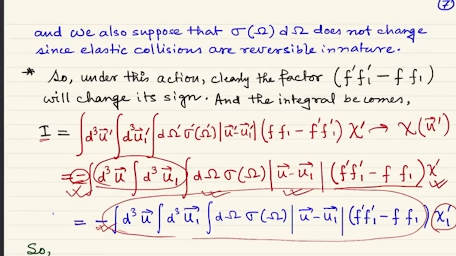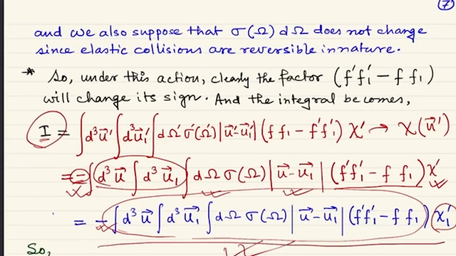If we now change between u prime and u1 prime, then there will be actually no change. So from the original I, we again have this type of expression where we have a minus sign due to this factor, and this multiplicative variable will be then chi1 prime, which is nothing but chi of u1 prime.